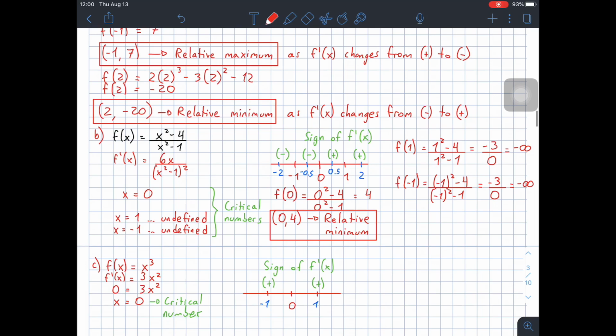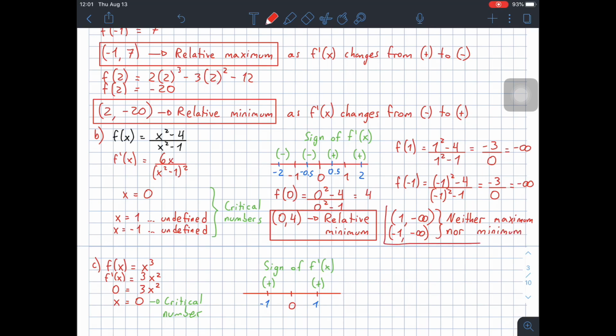So these 2 points, I'm going to write them as points, but they are actually not points because infinity is not a number. But we could say that 1 comma negative infinity and negative 1 comma negative infinity are neither maximum nor minimum points.